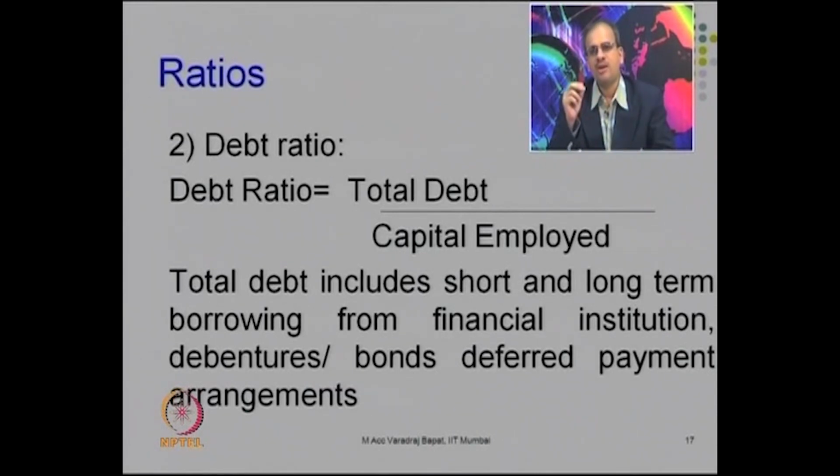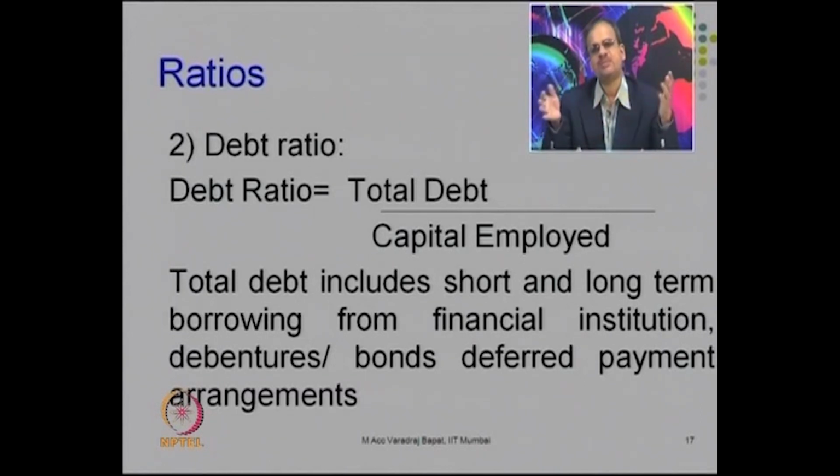So, it somewhat affects the stability of the entity. That is why too high a debt ratio may not be good, but if you do not have any debt, it hampers the growth of business. It may also hamper profitability. That is why you should have a decent level of debt ratio, neither too high nor too low.